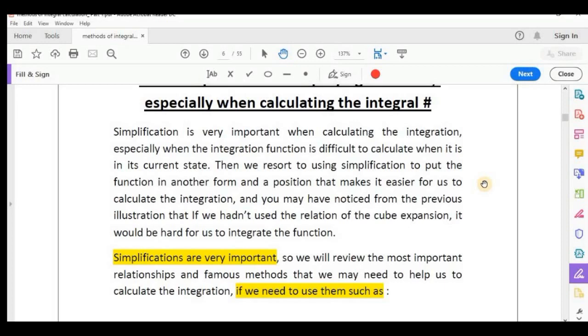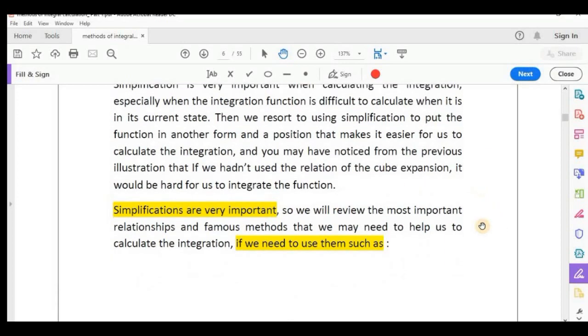We use simplification to put the function in another form that makes it easier for us to calculate the integration. And you may have noticed from the previous illustration that if we hadn't used the cube expansion relation, it would be hard for us to integrate the function.